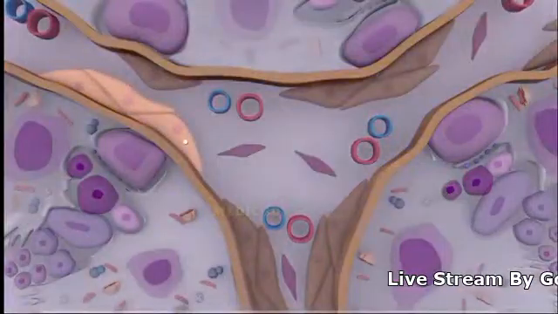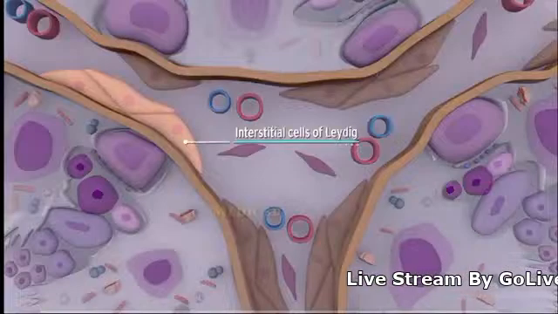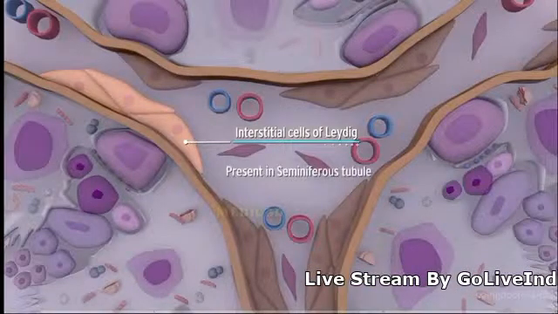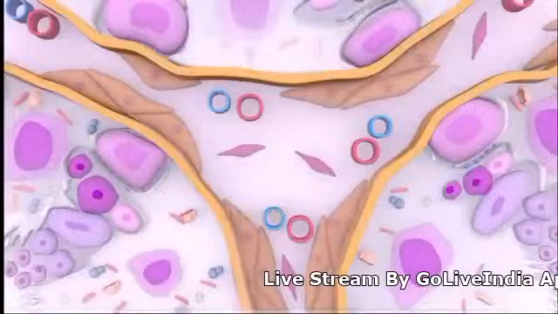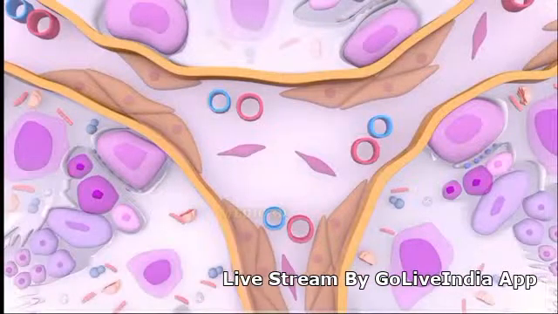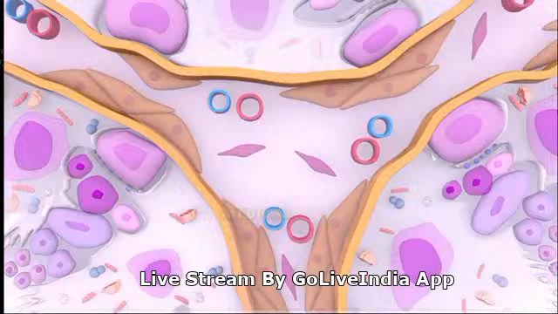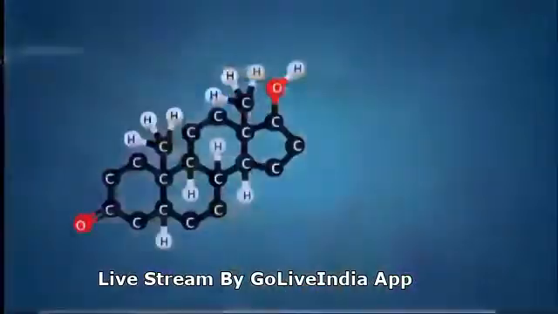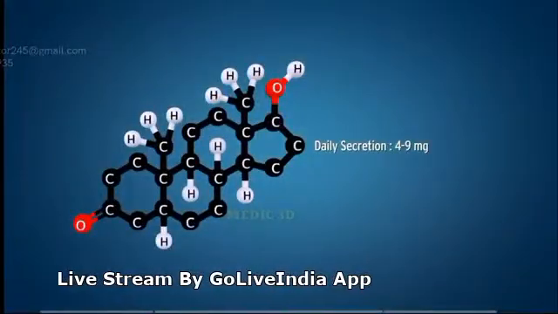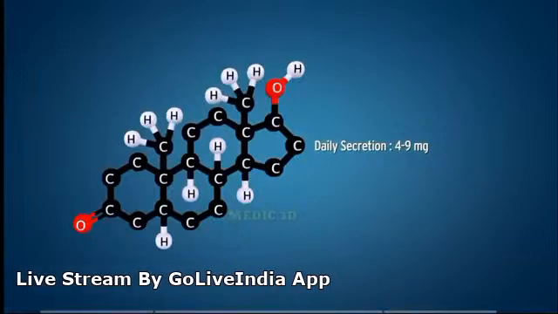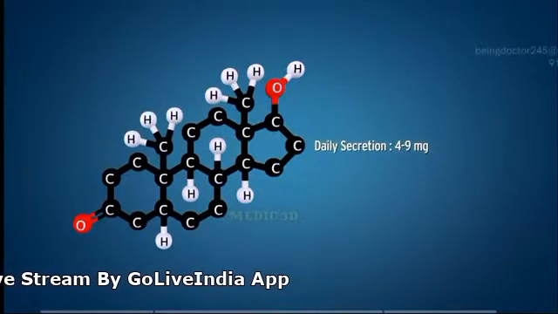Testosterone is secreted by the interstitial cells of Leydig, which are present in the seminiferous tubule. These interstitial cells of Leydig constitute about 20% mass of the adult testis. 4 to 9 milligrams of testosterone is secreted by the testis every day.